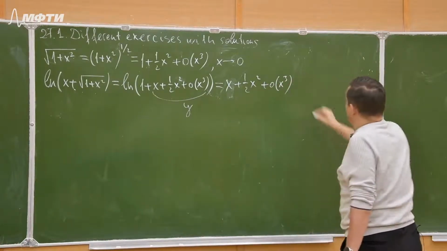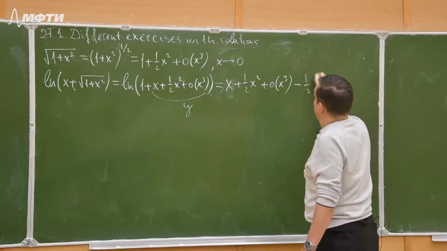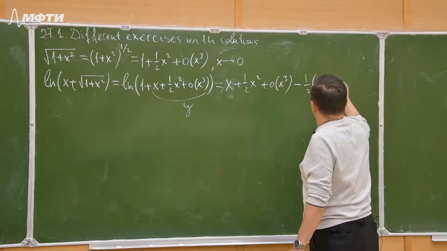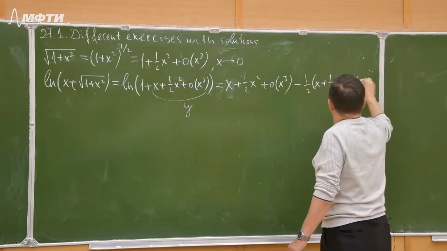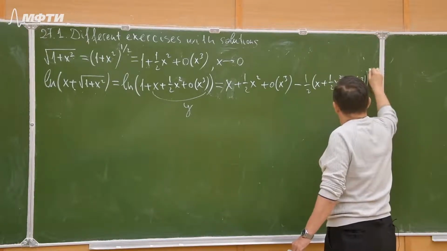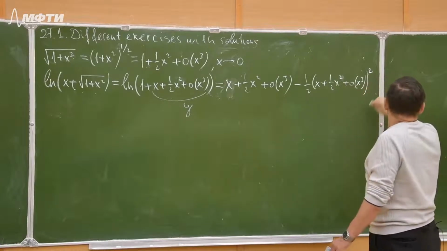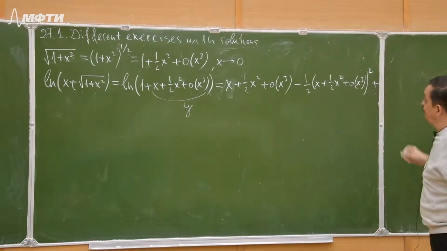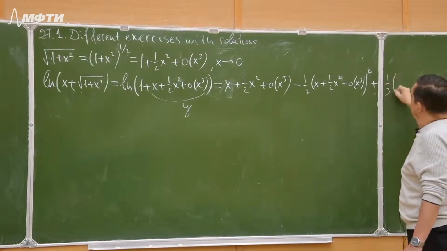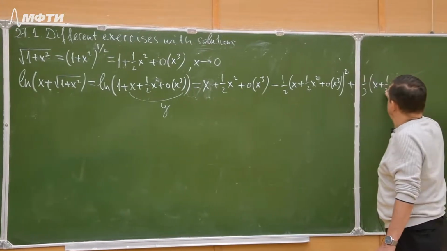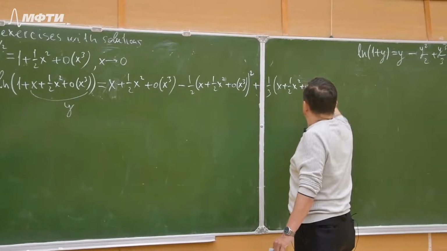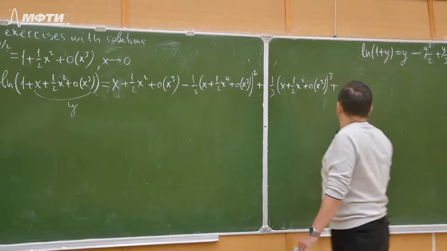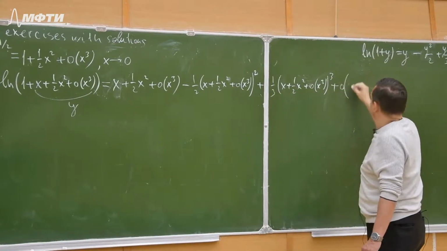Then minus 1/2 times (x plus 1/2 x squared plus little o of x cubed) squared, plus 1/3 times the cube of this expression, plus little o of this cube.